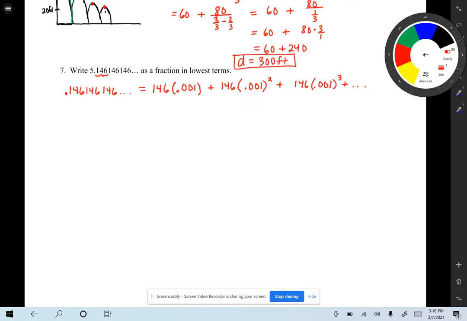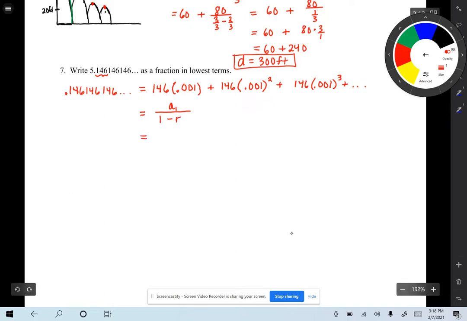If it's repeating with 2 digits, you would multiply in parentheses, you would have 0.01. If it was 1 digit, it would be 0.1. So that's how you do that one. And then we're going to use our formula for the sum of an infinite geometric series. So it would be a sub 1 over 1 minus r.